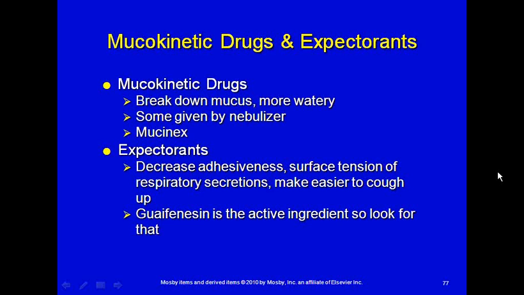So expectorants help you cough that stuff up. And guaifenesin is the active ingredient. So if you're looking for an expectorant to help you cough stuff up because your mucus is real sticky and hard to cough up, guaifenesin is the drug for that.